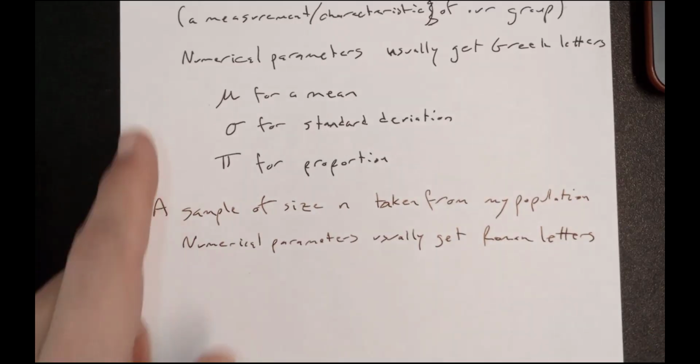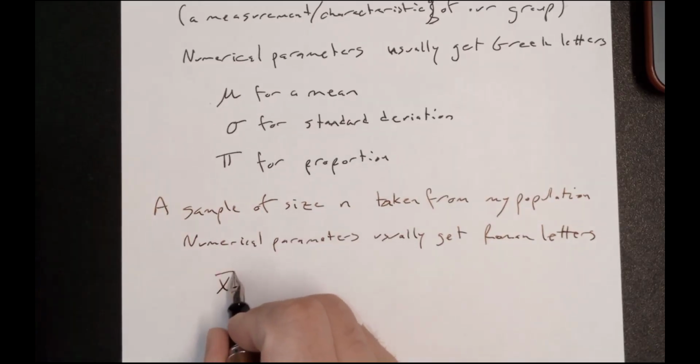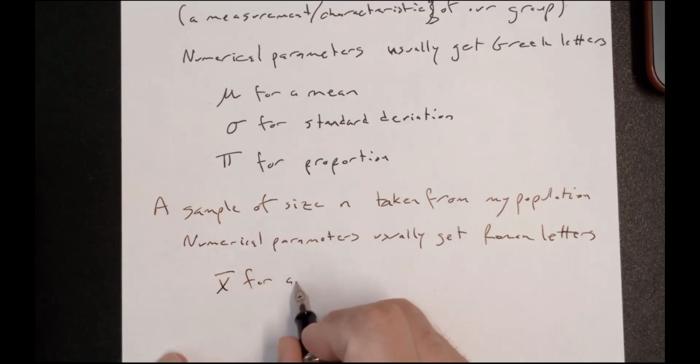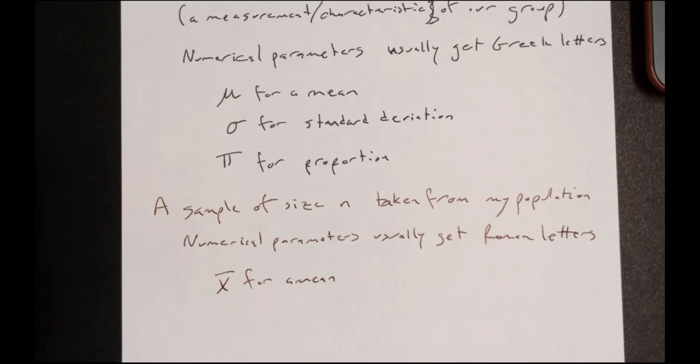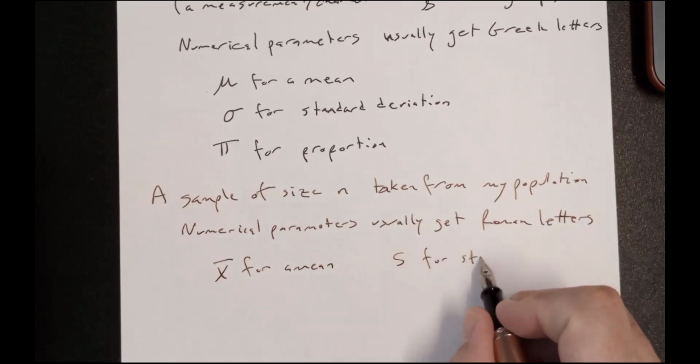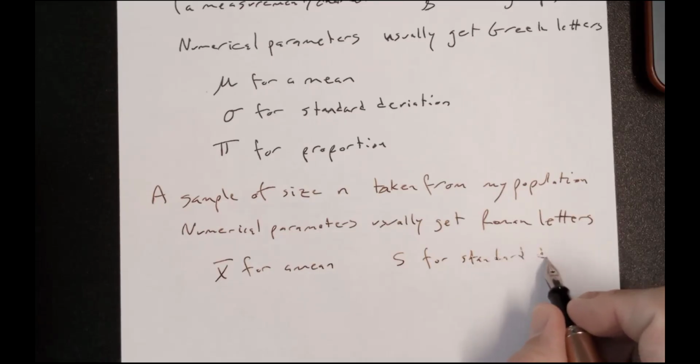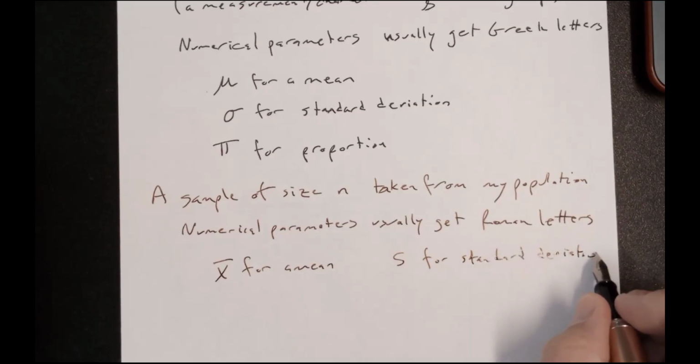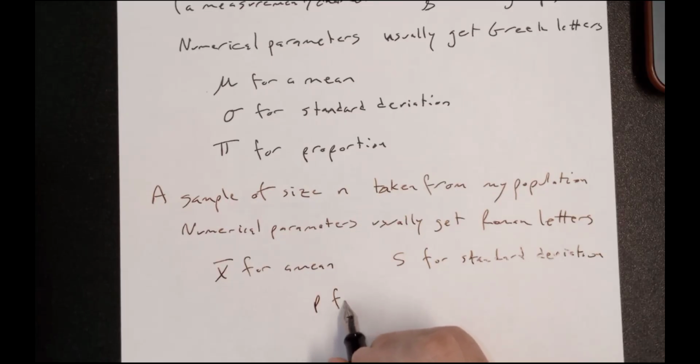And so for an average, for a mean, I'm going to use that symbol, an X with a bar over it. I am going to use S for a standard deviation. And I am going to use P for a proportion.